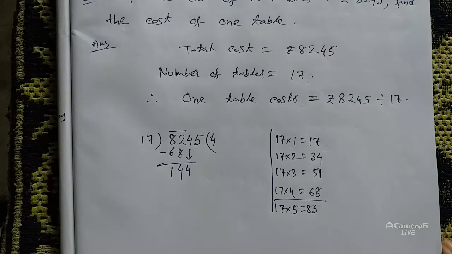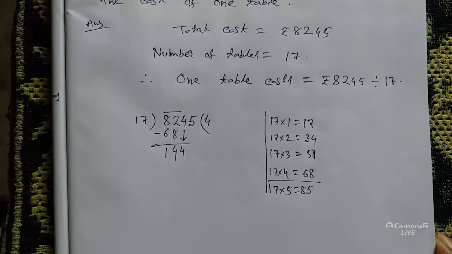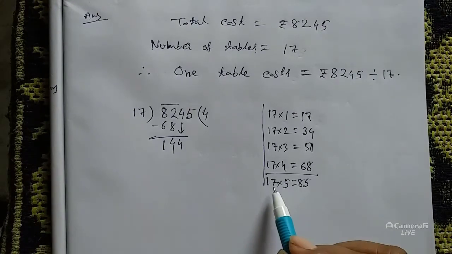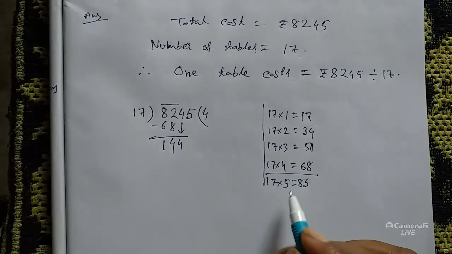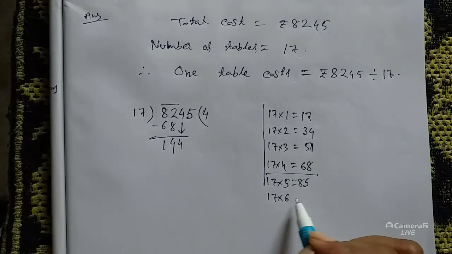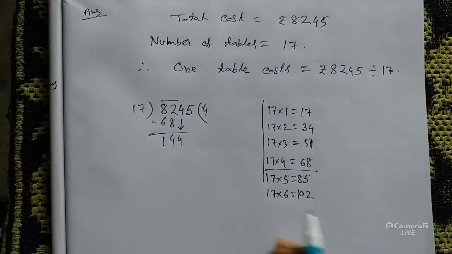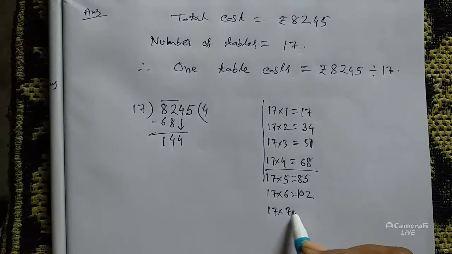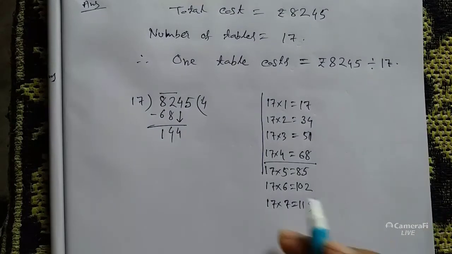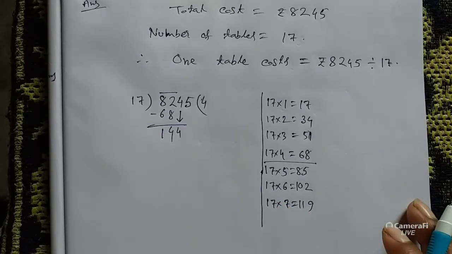We have to go up to 144 or just less than 144. Here we get 17 5 ja 85. 17 6 ja 102. 17 7 ja 119.